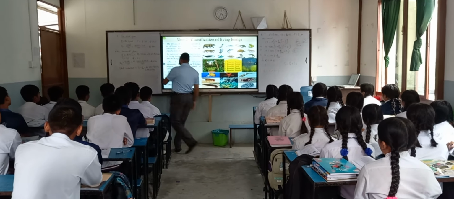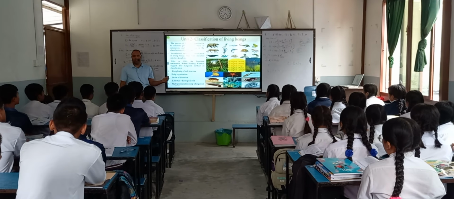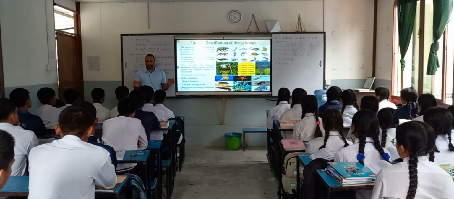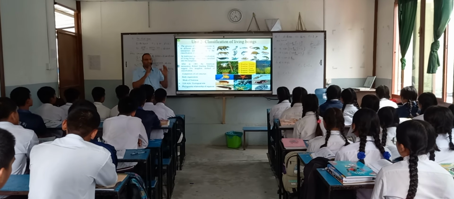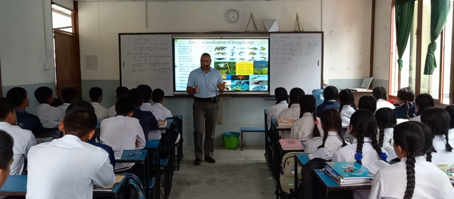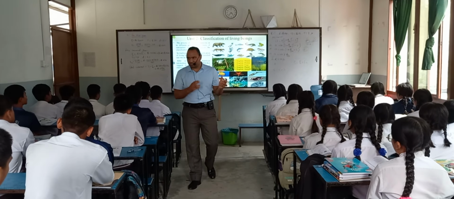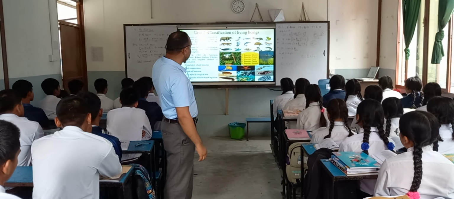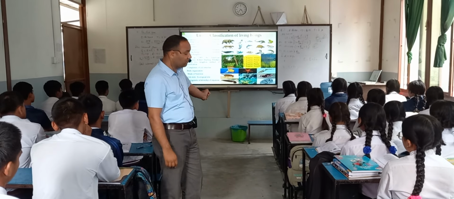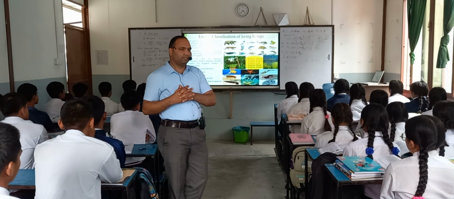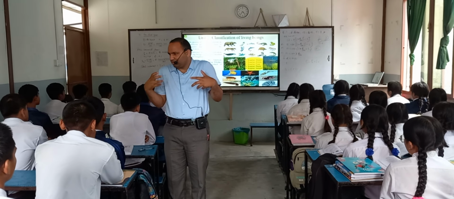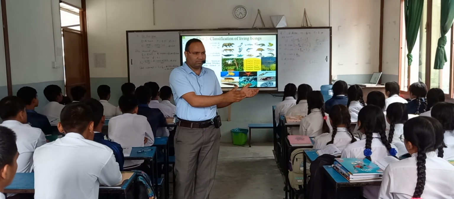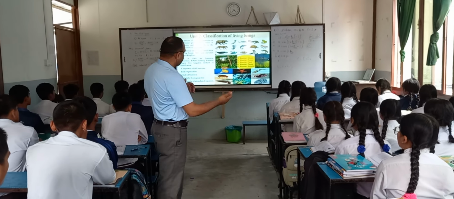Among them is the complexity of cell structure, that is, what kind of cell is in the organism: unicellular, multicellular, eukaryotic, prokaryotic. Another is body organization, that is, what kind of body is composed by the organism, either unicellular or multicellular.